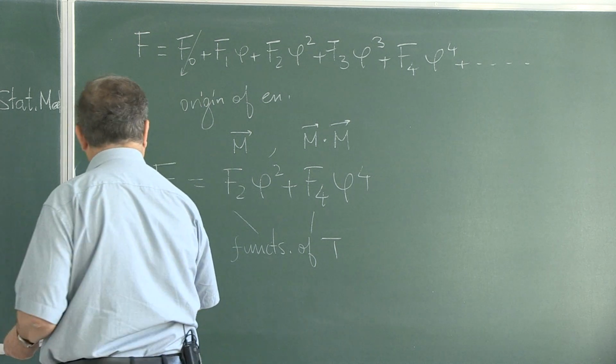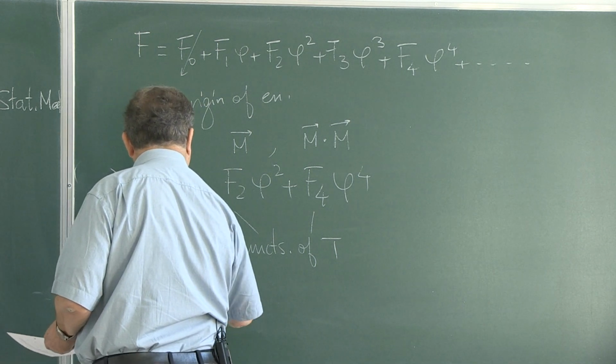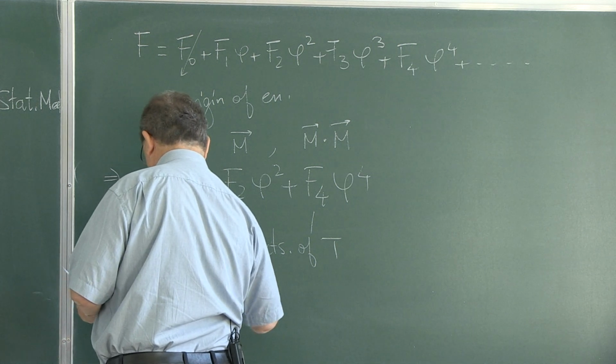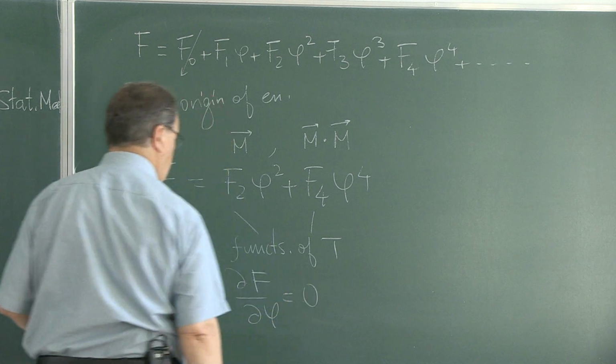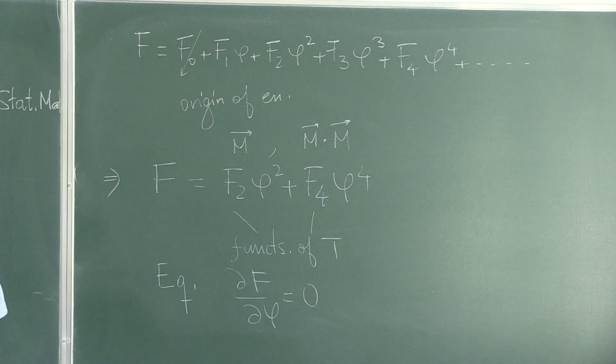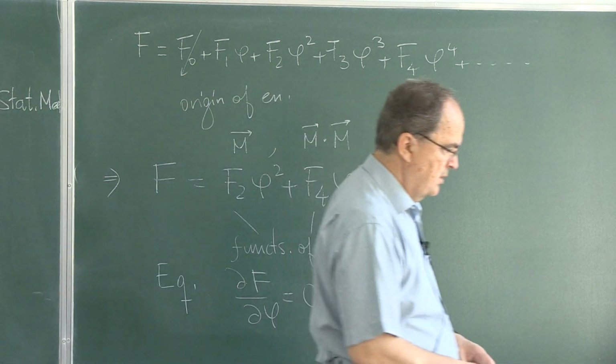And equilibrium corresponds to the minimum of the Helmholtz free energy, which can be found by putting the first derivative to 0.